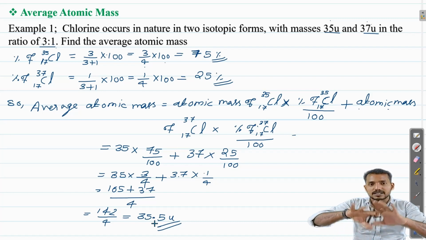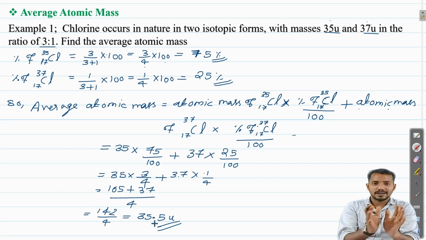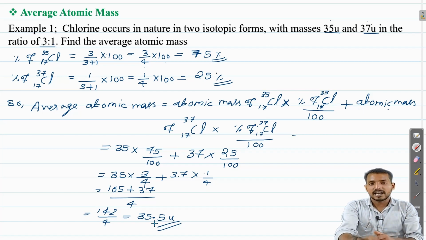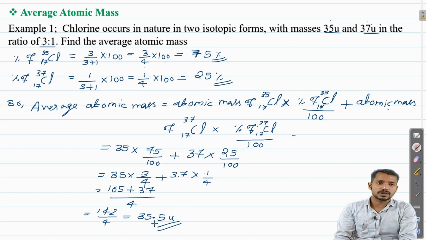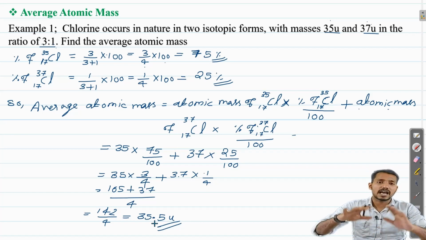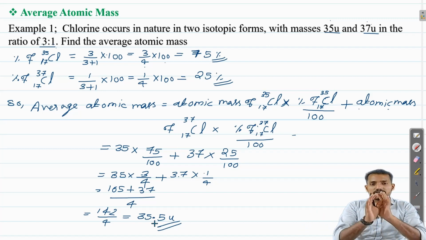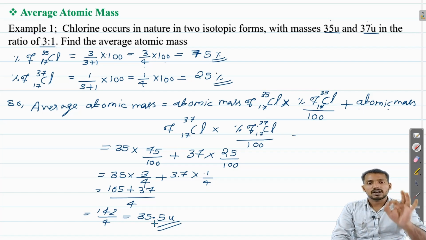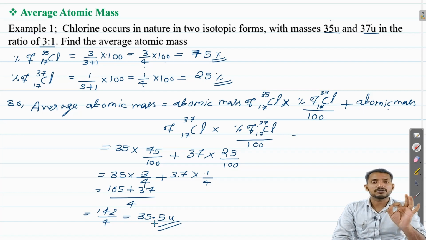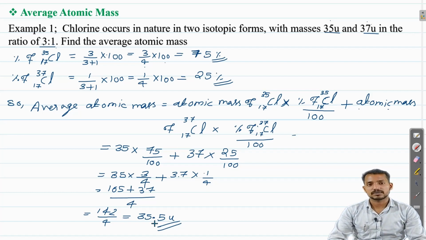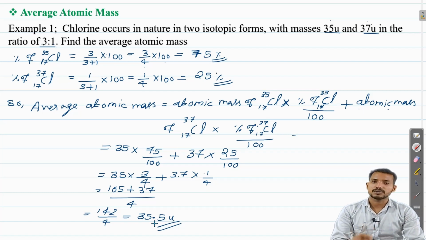It is present as a whole. So we will not get a fraction. But why are we getting a fraction in atomic mass when we take a sample of chlorine? Because that is just an average atomic mass of different kinds of atoms of the same element, which means there is no single chlorine atom with a 35.5 u atomic mass. Clear? That is just an average atomic mass.